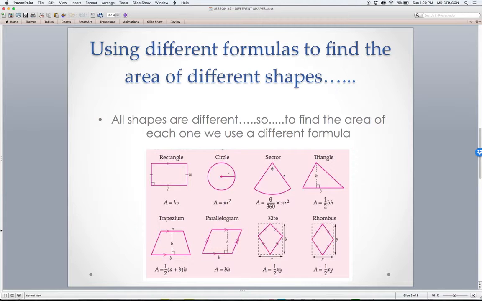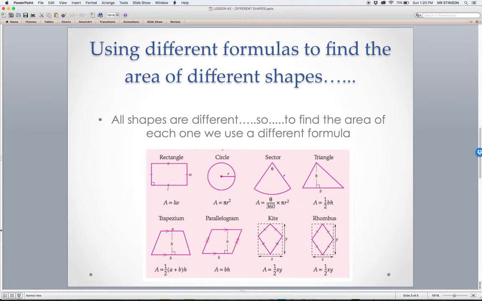So today's lesson: using different formulas to find the area of different shapes. As I said, all we need to realise is that all shapes are different, so to find the area of each one, we must use a different formula. You can see an image on this page of all the different formulas for the different shapes and their area. A rectangle is length times breadth or width.